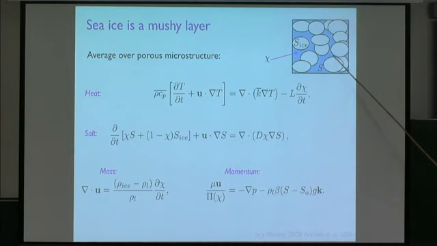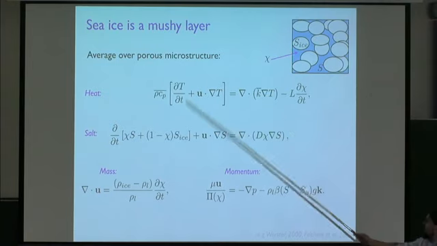So a common assumption in here is that there's a local equilibrium on the scale of the parcels, so the temperature is equal in both the solid and liquid phases in terms of a local thermal equilibrium. But we allow there to be different salinities of these two different phases. So there's typically an extremely low salinity of the ice, and most of the salt is being captured in this leaving liquid veins.